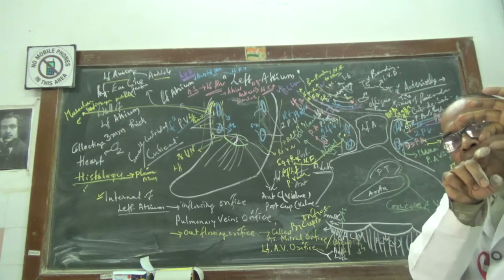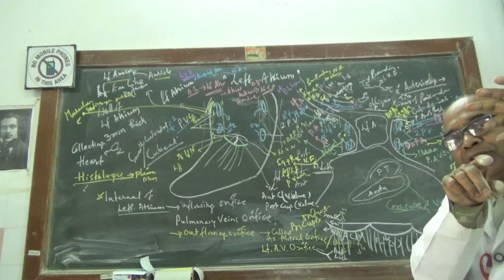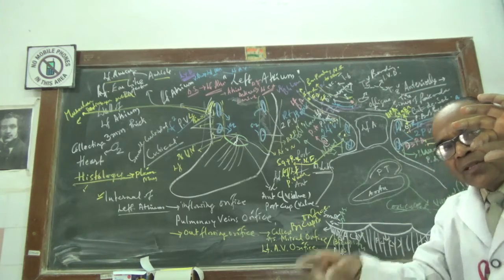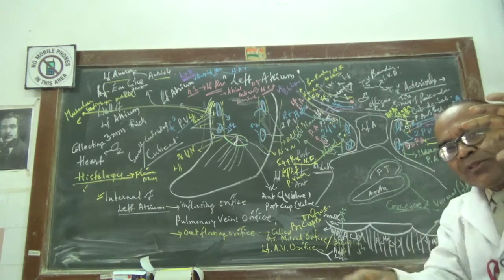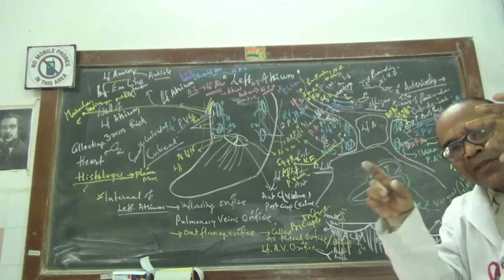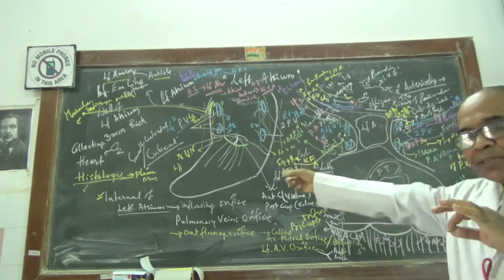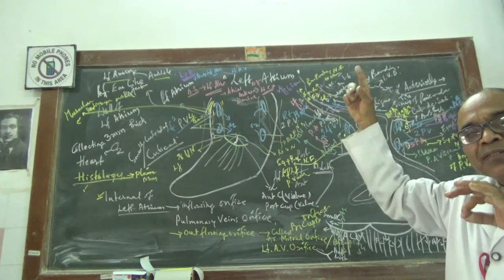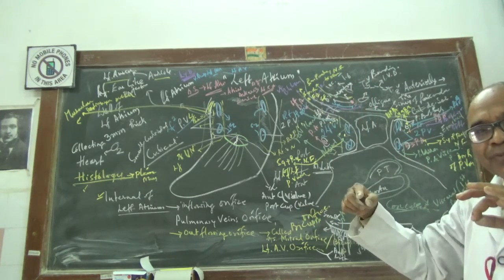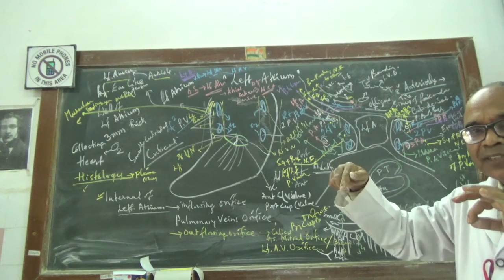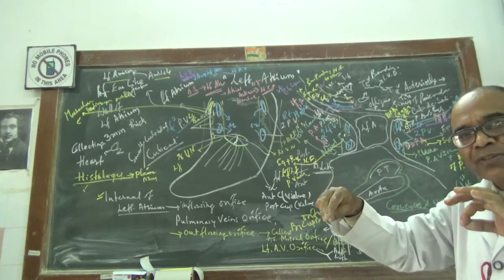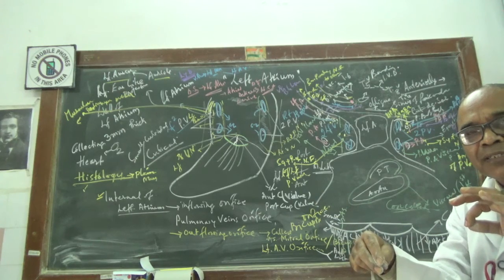There the mixture of lymph and deoxygenated blood from the neck, the head and the upper limb takes place, and then in the left brachiocephalic vein the mixture of lymph and deoxygenated blood continues. In the same manner on the right side, the right internal jugular vein and the right subclavian vein unite, and there the right lymphatic duct opens. Lymph mixes with the deoxygenated blood, and then it goes into the right brachiocephalic vein.